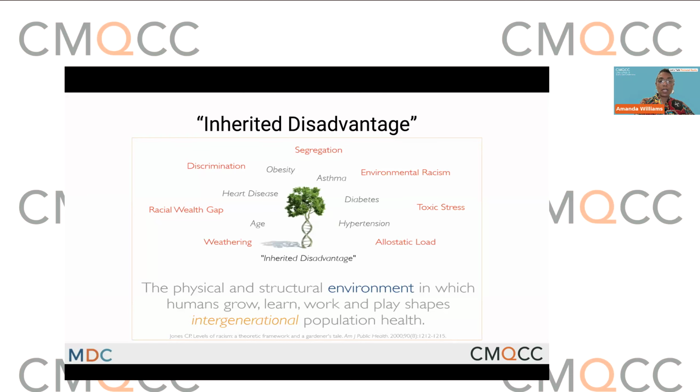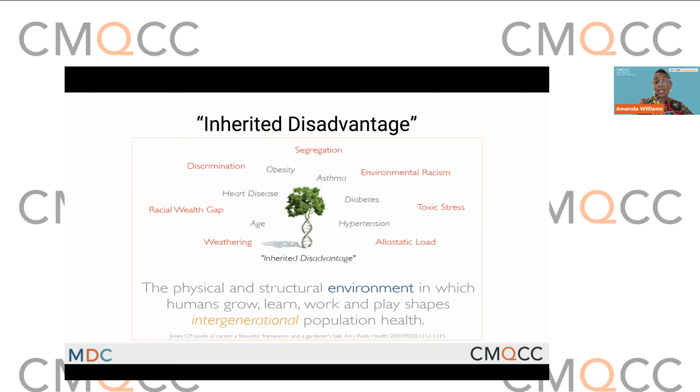We're talking about the downstream generational consequences, the intergenerational population health impact of things like discrimination, of segregation, of environmental racism, and how that then moves into a combination of lack of opportunities, lack of supportive environment, and then also toxic stress and the epigenetics of the concept of an allostatic load that is disproportionately borne by communities that have been discriminated against in the United States.